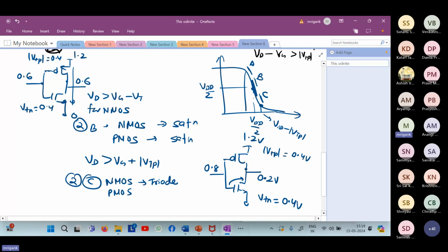What is the drain voltage required for the PMOS, with the gate voltage at 0.8 volt, to be in triode, or basically to have the channel form at the drain? Triode means the channel is formed at the drain side. Saturation means the channel is pinched off at the drain side. So based on that, what is the drain voltage required for the PMOS for the channel to be formed?